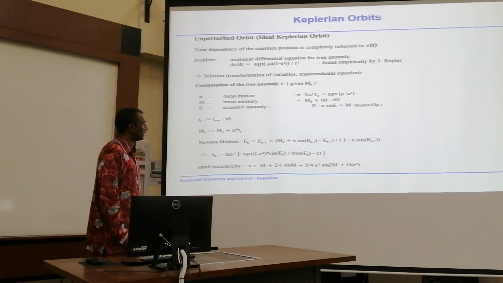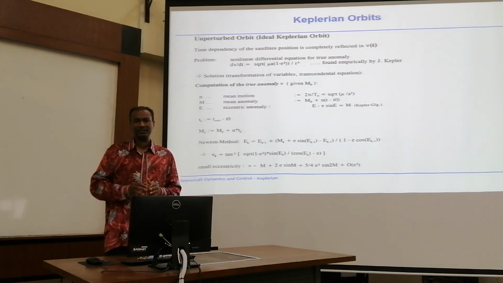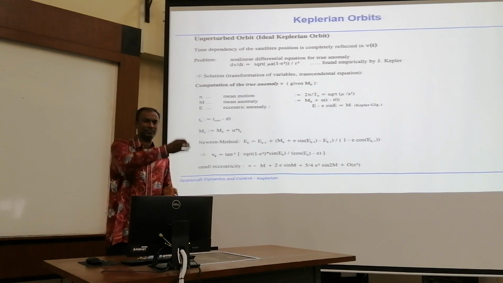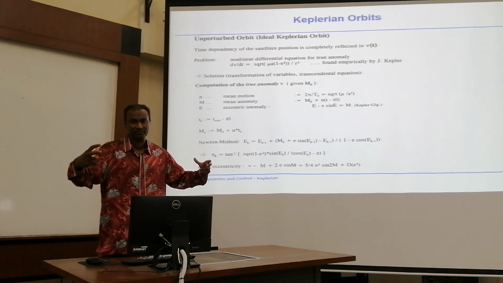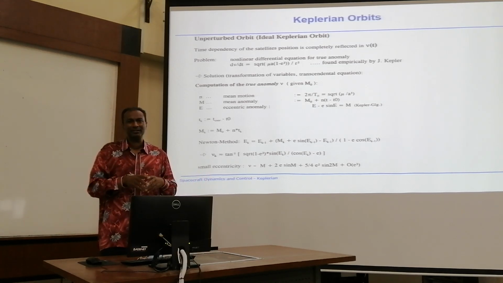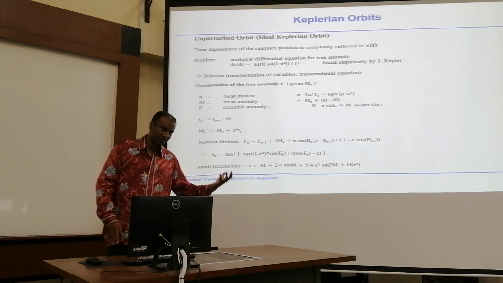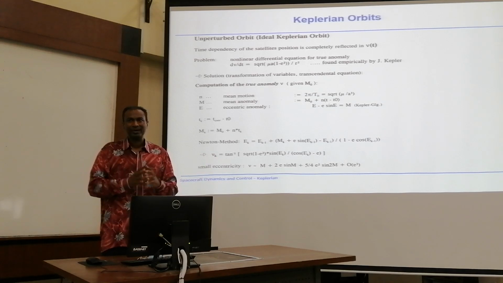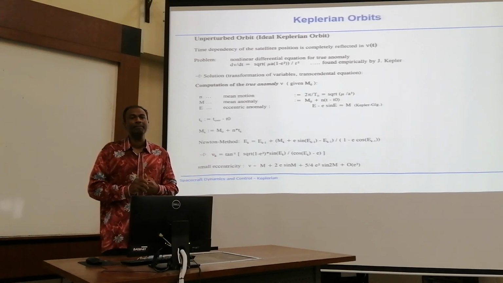Now the problem, as I said, is that we really can't find the actual time. In order for us to find the time, we need to have the difference. So mean anomaly came into the picture. We used Newton's law and Kepler's law, brought them together, and deduced a method to estimate the mean anomaly.